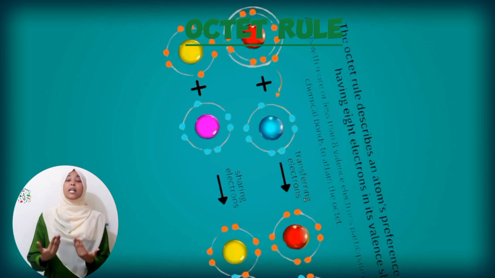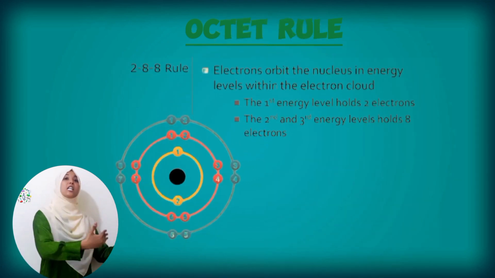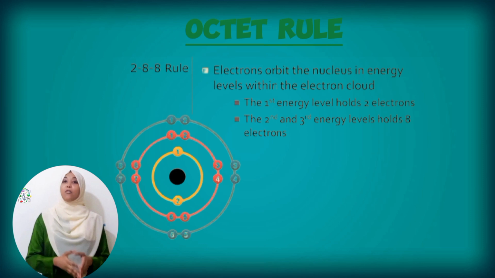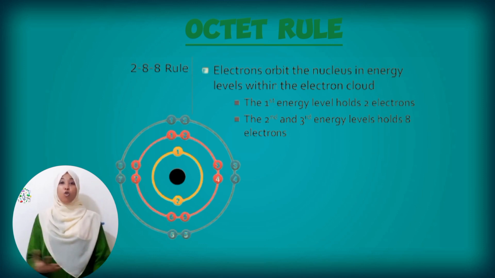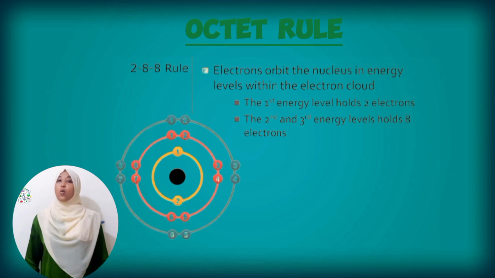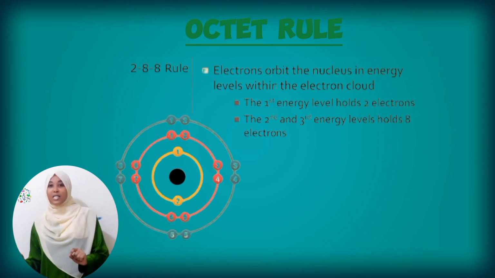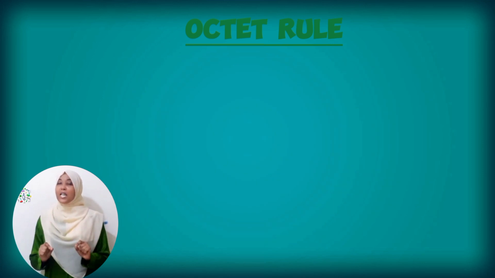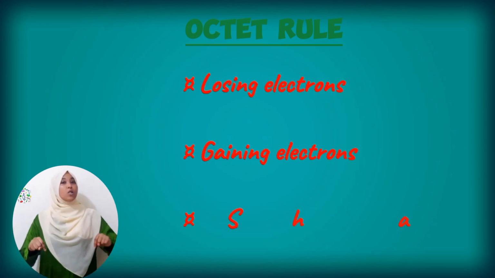We know that electrons are arranged in these energy levels. If an atom doesn't have full energy levels, then that atom is said to be unstable. So what does an unstable atom seek to do? It seeks to gain stability. How does it gain stability? By either gaining or losing electrons.